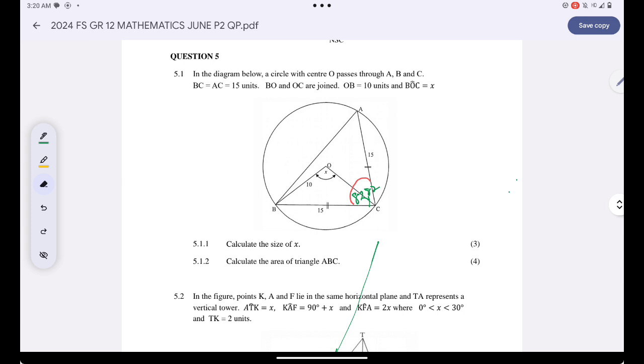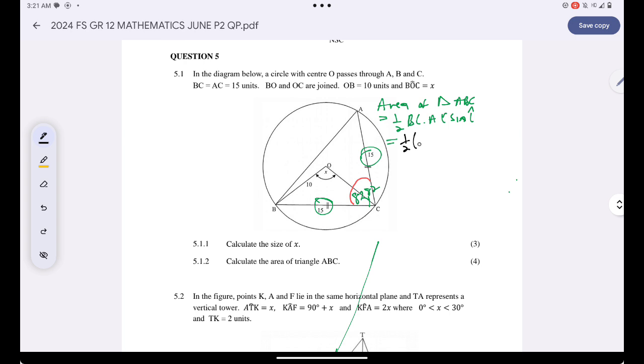Now I need to find the area of my triangle, né? I have the length of the two adjacent sides and the angle in between. So I'll simply say area of triangle ABC is equal to 1/2 multiplied by BC and AC, sine of the angle inside.